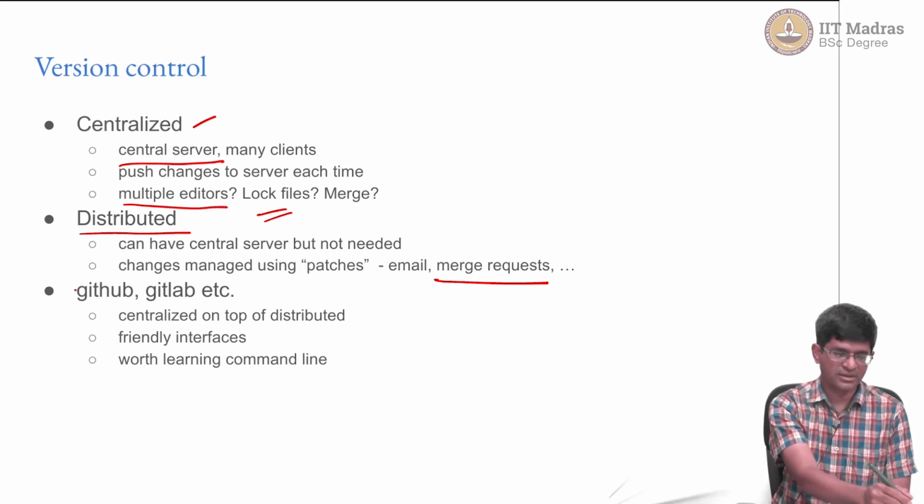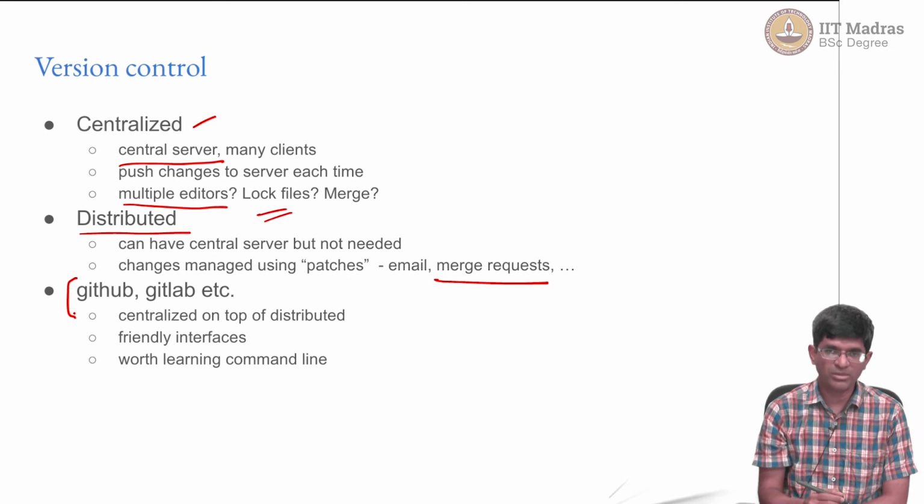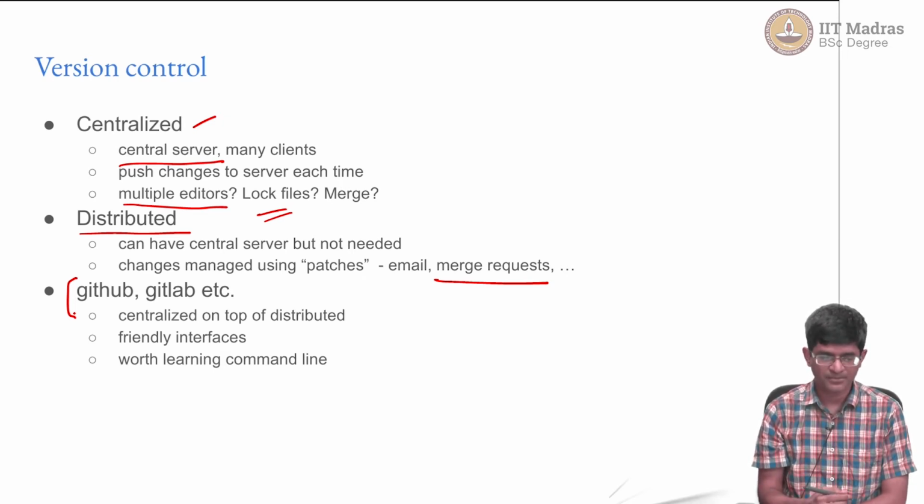And this is where services like GitHub and GitLab have come into play, right? What they do is they provide that centralized overlay on top of a distributed version control system, which is Git, and very friendly interfaces, right? They take care of the web interface, they take care of SSH based interfaces, they provide you with functionality like hooks and tokens for deployment and various other things which are not part of the basic Git, okay?